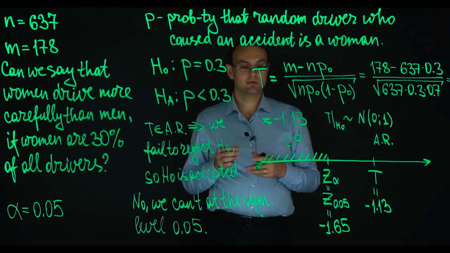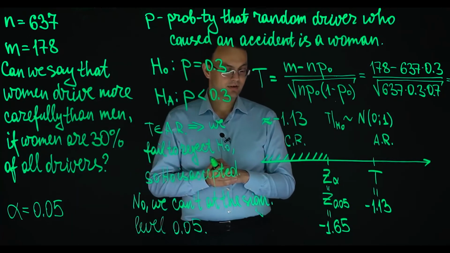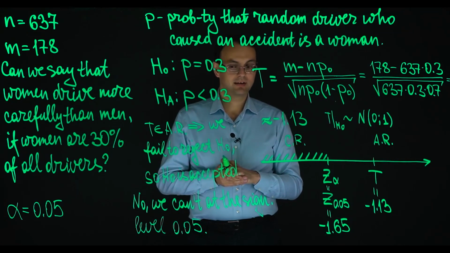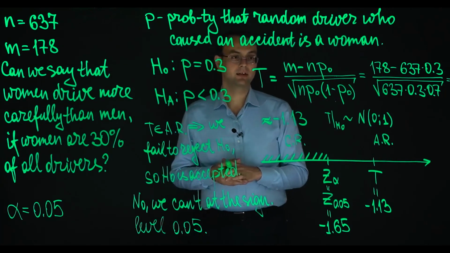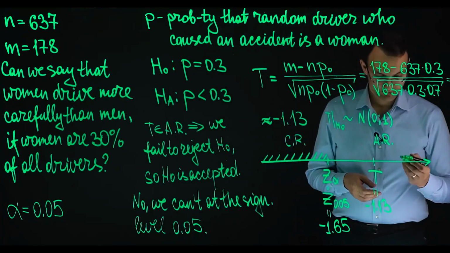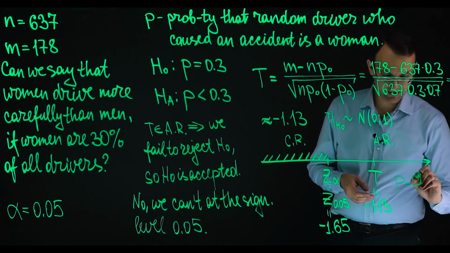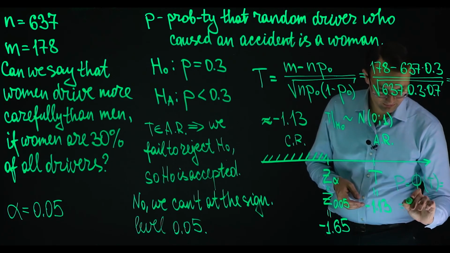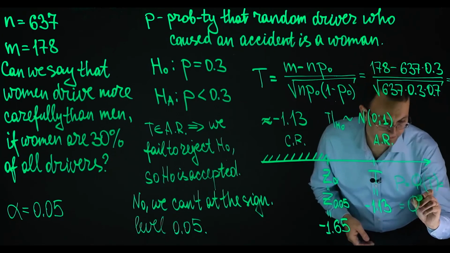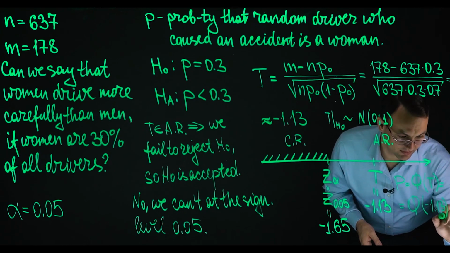What we can also do is find the p-value. As we have a left-tailed critical region, the p-value is just phi of t, so phi of minus 1.13.